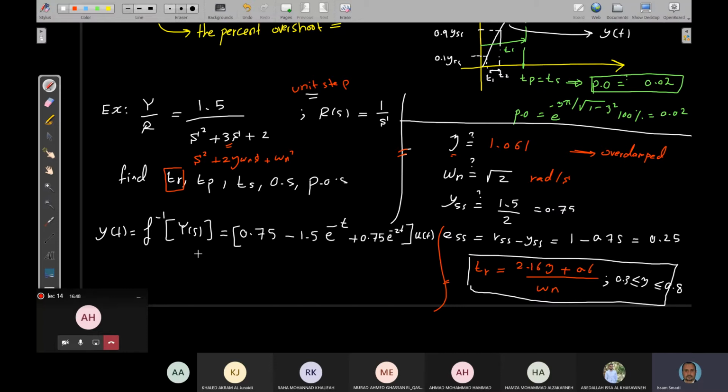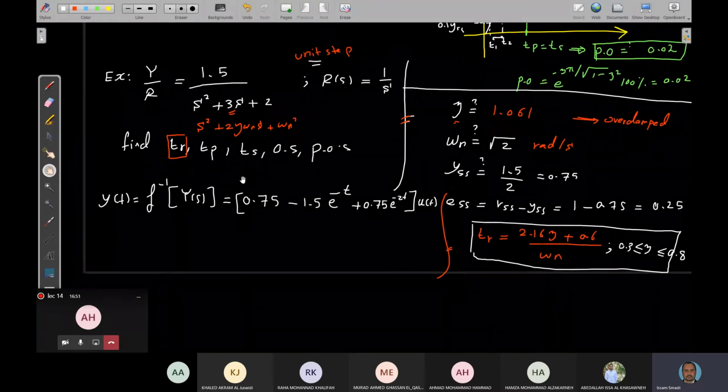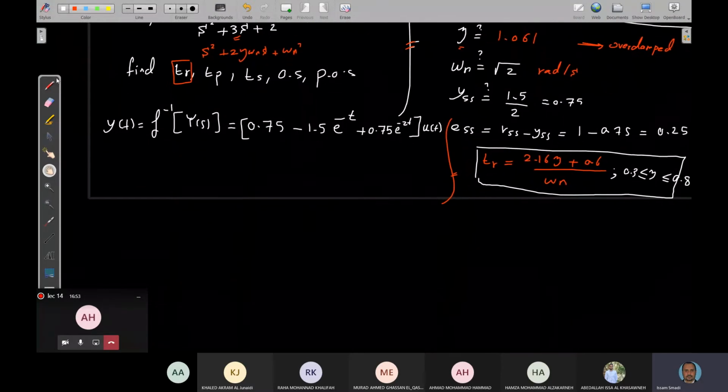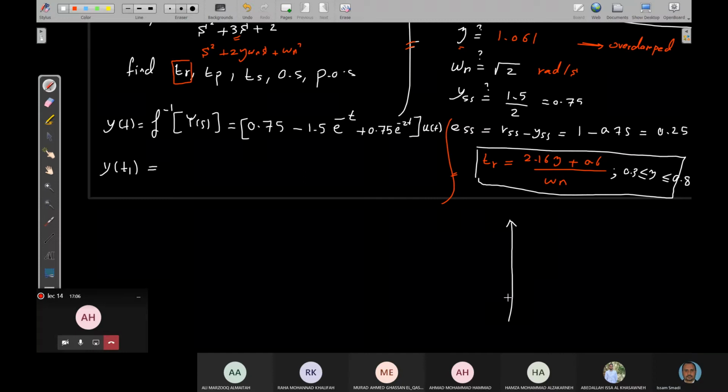Yeah, good. So now what I need here, I need to find y at t1 equal to what? So simply, this is y at t1.